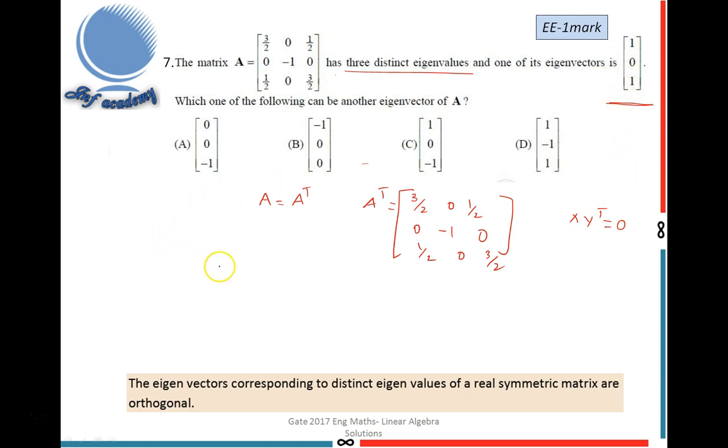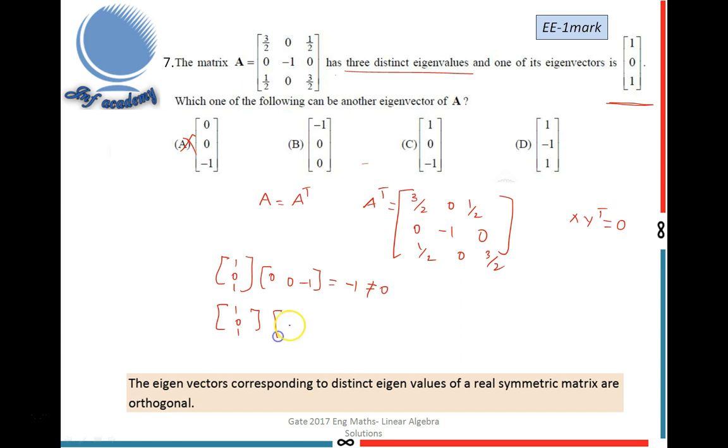Check option A: the given vector and the option A vector. I write this transpose 0 0 minus 1, multiply, we get 0 0 minus 1, not equal to 0. So this is wrong.